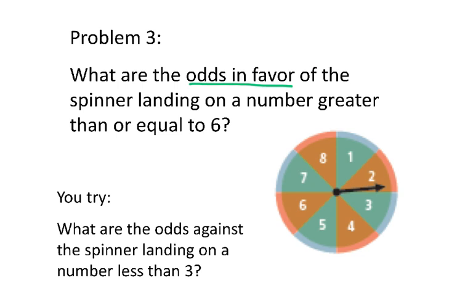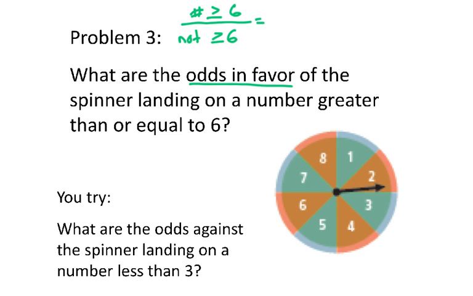So the odds in favor of landing on a number greater than or equal to 6 would be the number of favorable outcomes, the number of times I can land on something greater than or equal to 6, to the unfavorable, so the not greater than or equal to 6.